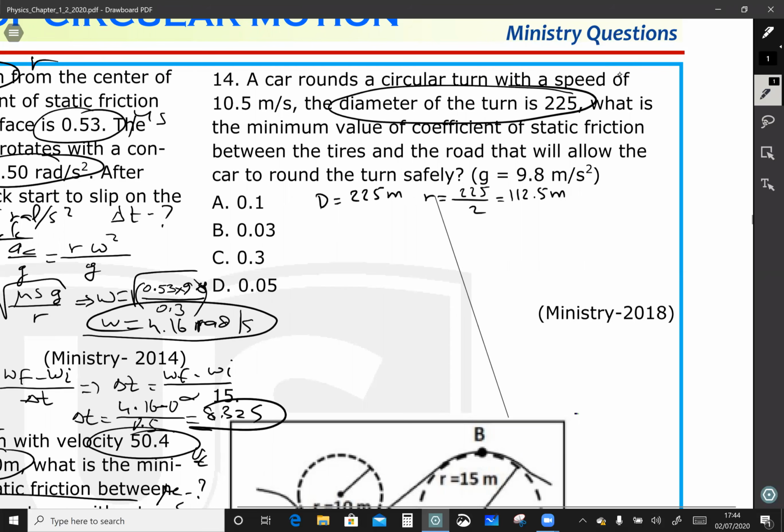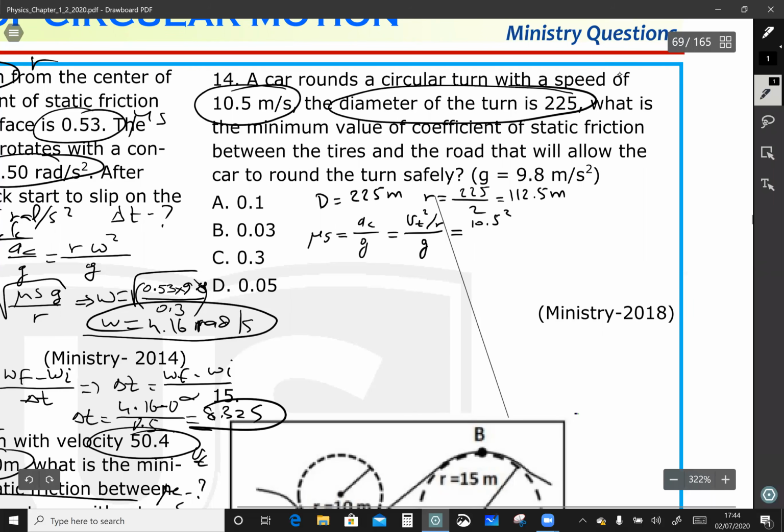You are going to use again the hack equation, mu s is equal to AC divided by G. So AC is Vt squared over R, divided by G. Vt is given in meters per second, so it's okay, no need to convert: 10.5 squared. Divided by R, which goes near G in the denominator.